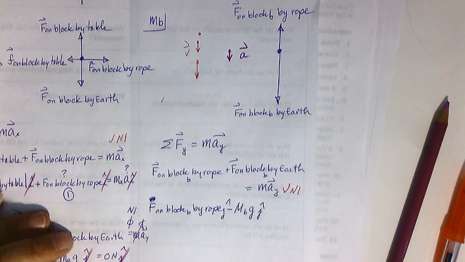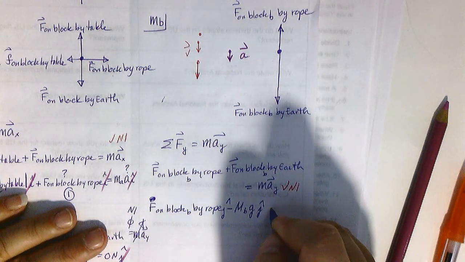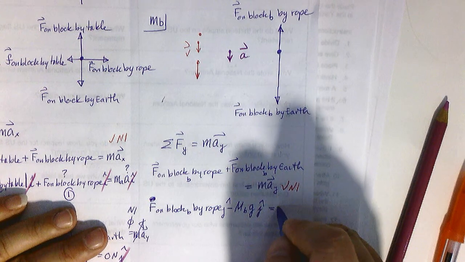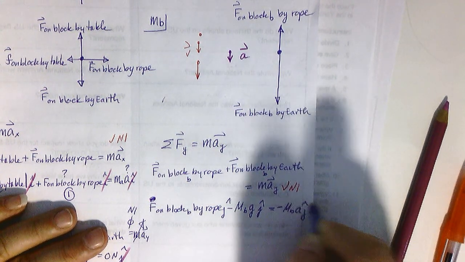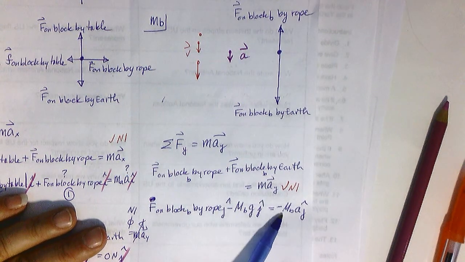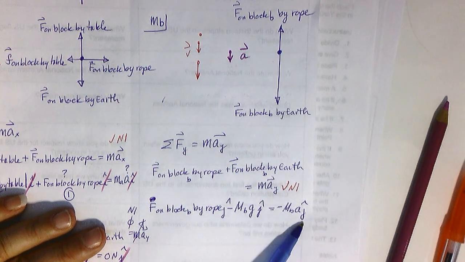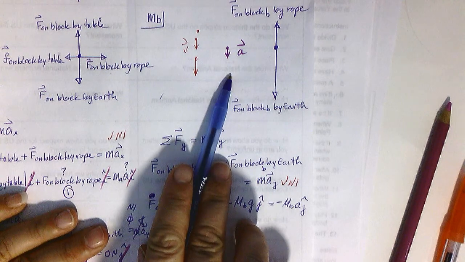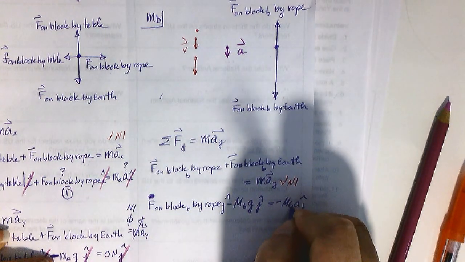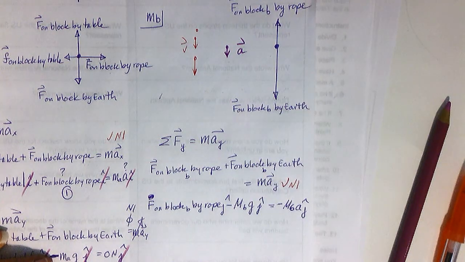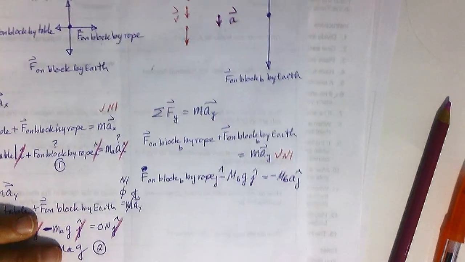This is why you shouldn't write in pen. And this is equal to negative m sub B a j hat. Notice that I had to put a negative j hat here. That's because the acceleration is pointing down. Notice also that I substituted in m sub B because that's the mass of block B there.